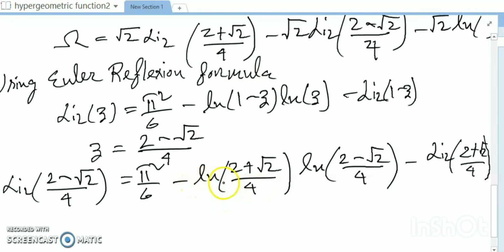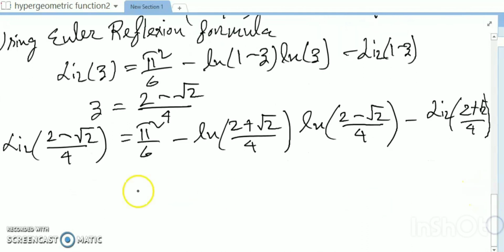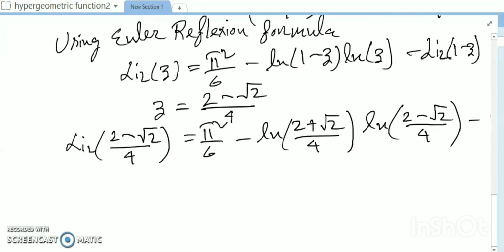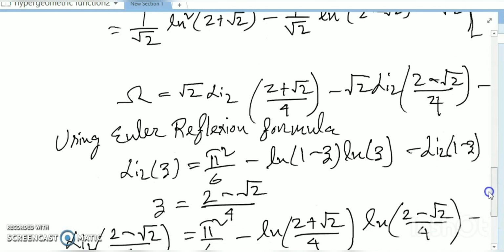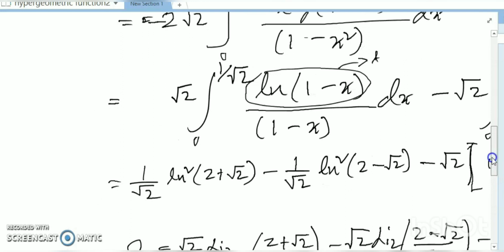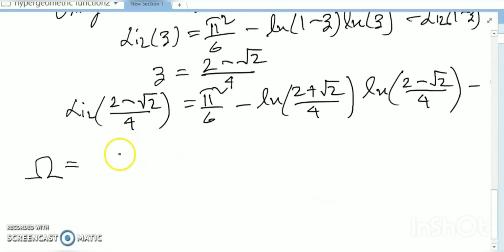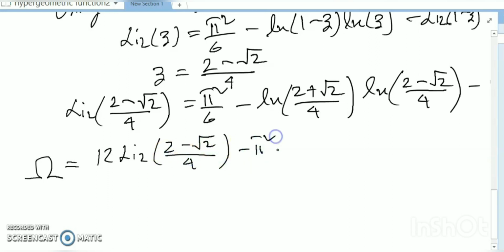Now I put in the value of omega. So friends, omega equals, just substituting with the reflection formula, everything you will substitute, and whatever I get is 12 li2((2 minus root 2) divided by 4) minus pi square minus 6 ln square (2 plus root 2) plus 15.